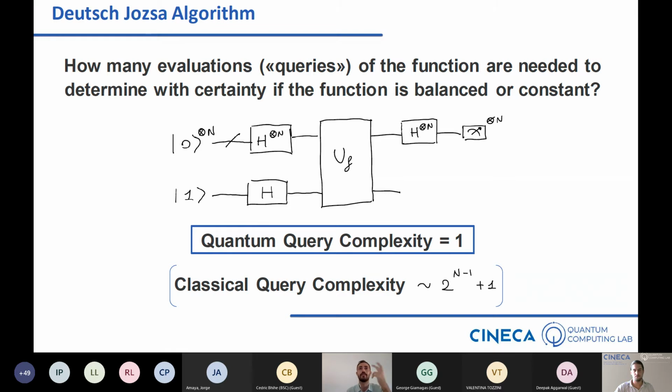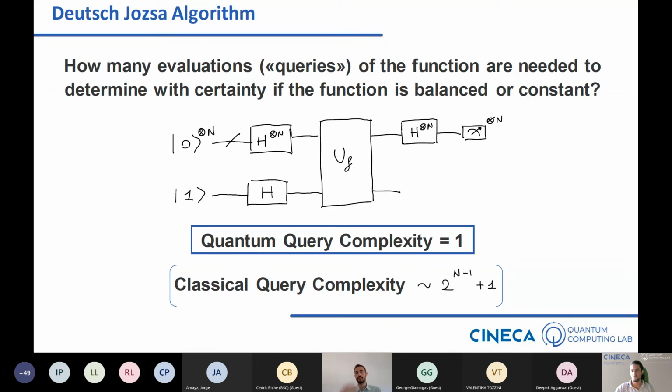So it's not a very useful algorithm, but using gates, you can definitely construct some function U of f. And we will see it later with Qiskit in the afternoon, where I will explain this algorithm. You make a choice of U of f from the beginning, and then you can run this quantum algorithm.